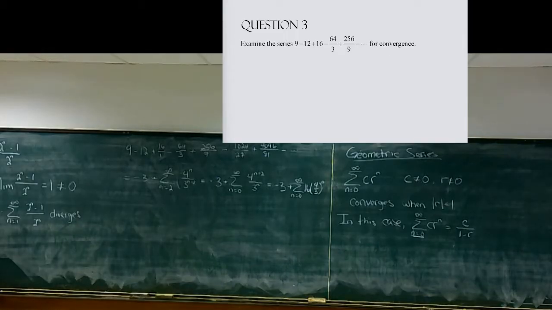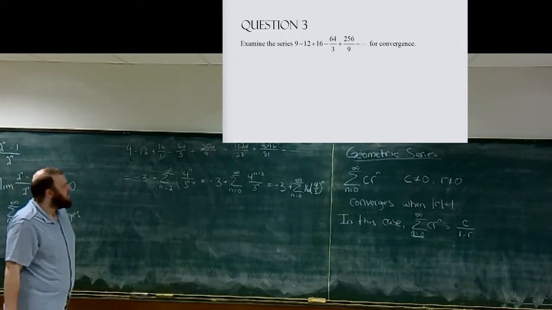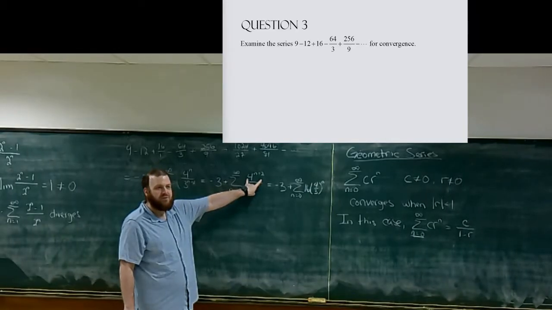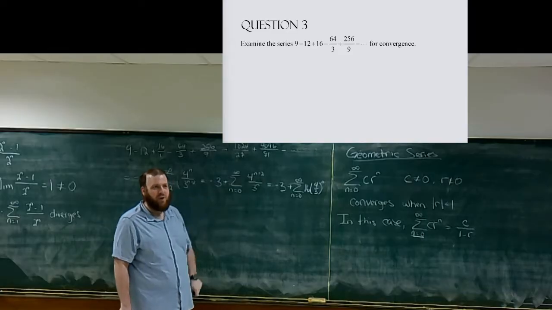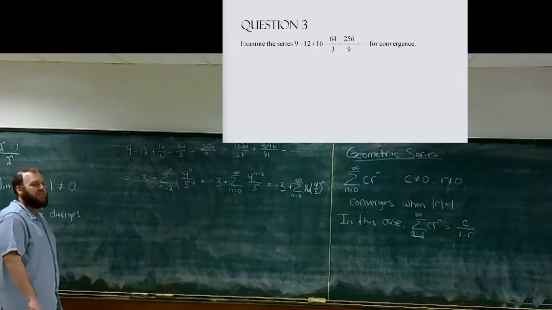Where do we get 16 from? 4 to the n plus 2. Oh, because it would be 4 to the n times 4 squared. Okay.